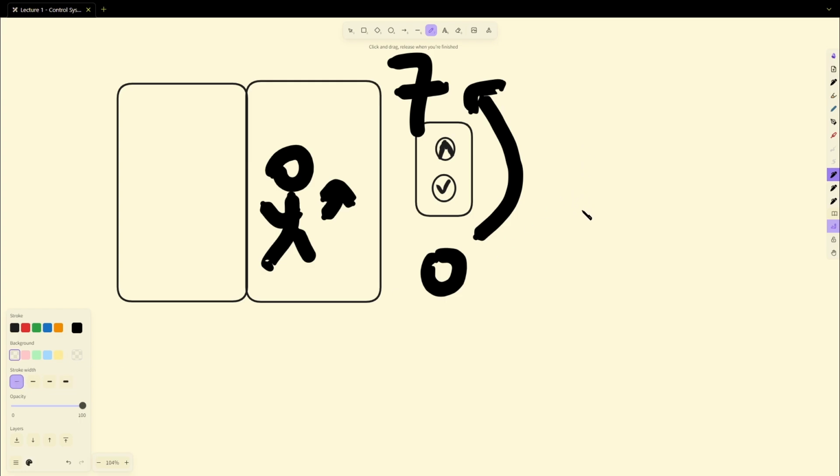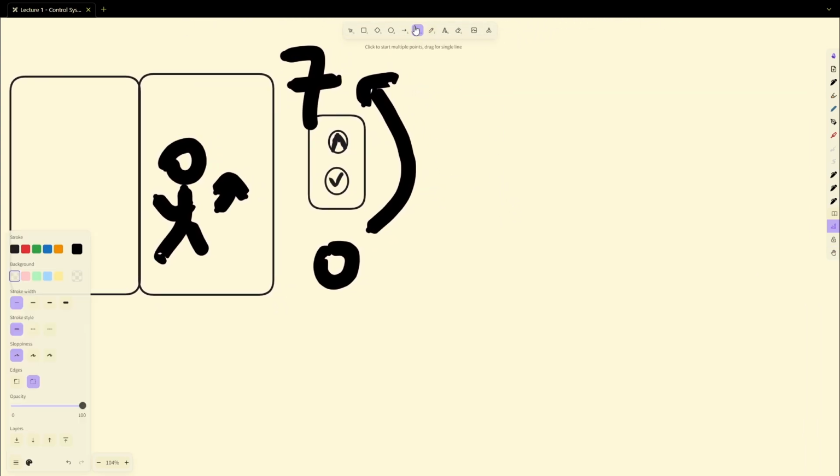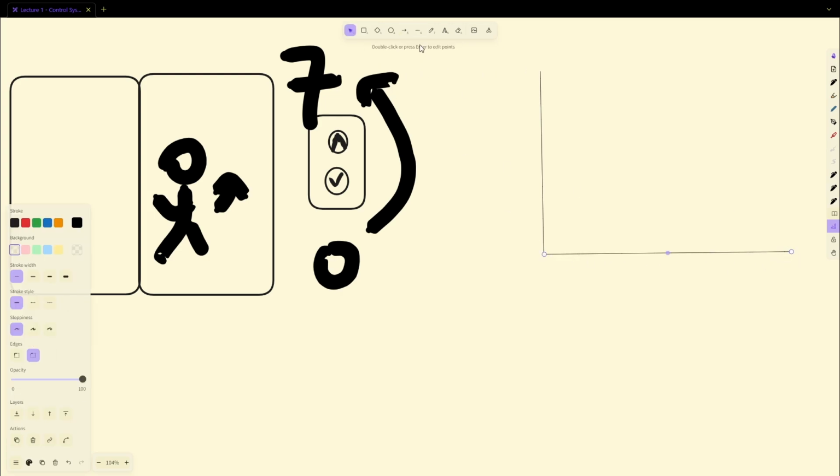Now we can describe this phenomenon in a graph. Okay, so I'm going to show this graph over here. We can model his journey from 0 to the 7th floor.